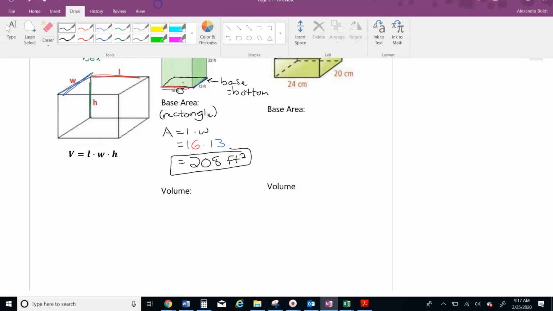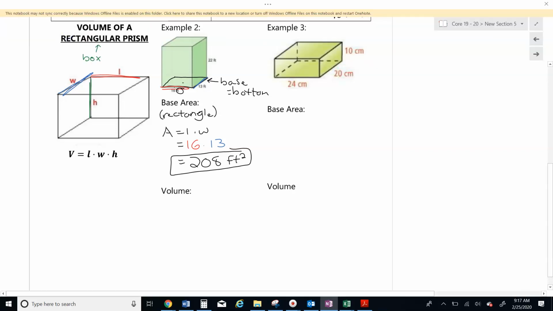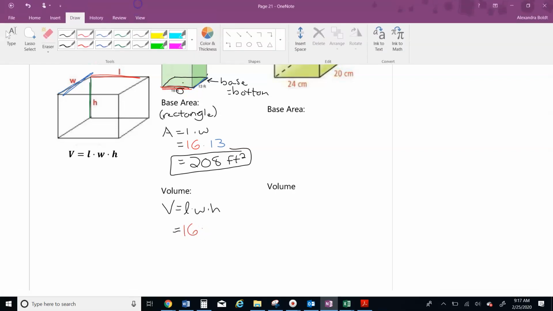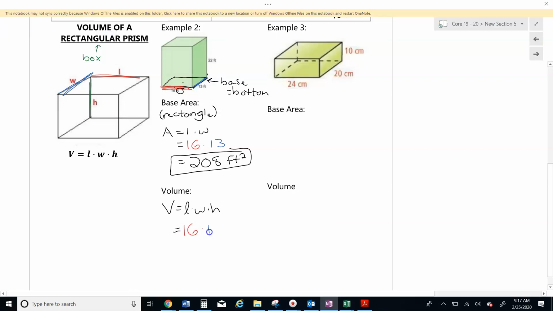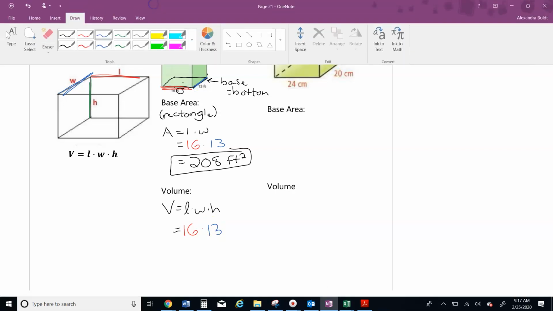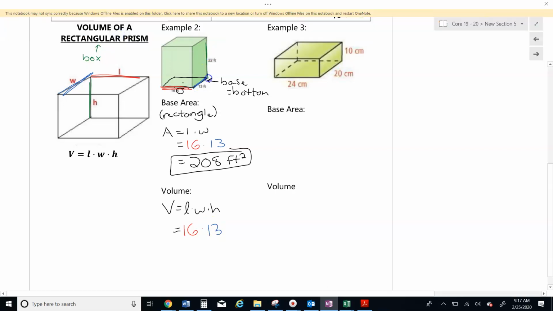Now I'm going to find the whole volume. Right, so now this is the volume of the whole shape. So volume equals length times width times height. So my length and width are still the same, so I have that 16, the 13 for my width, and then my height is 22.